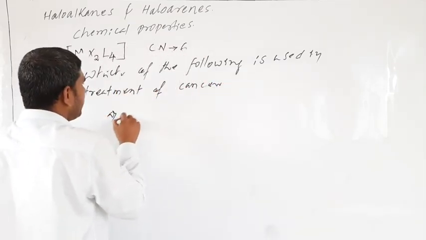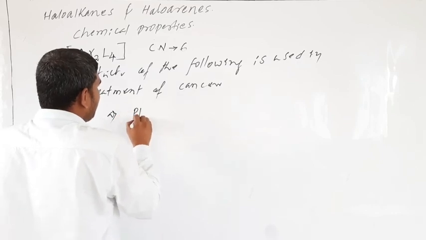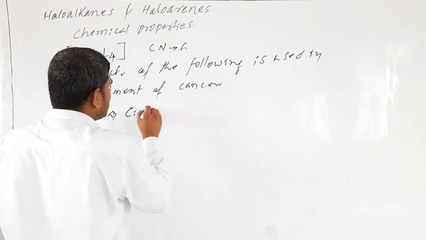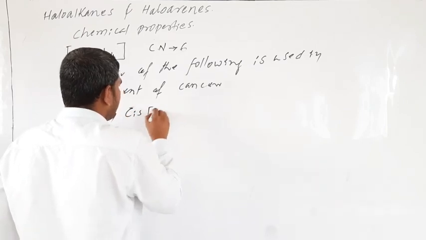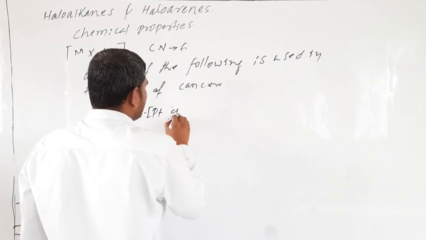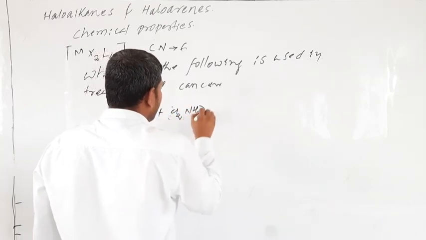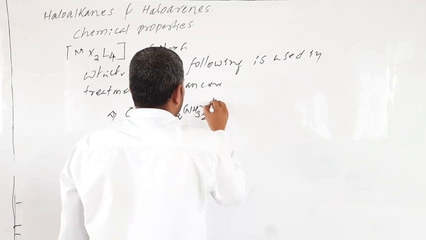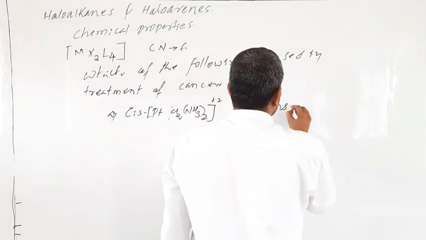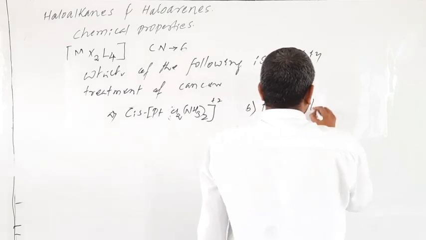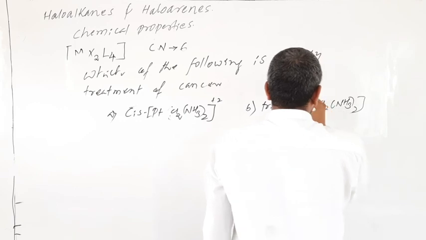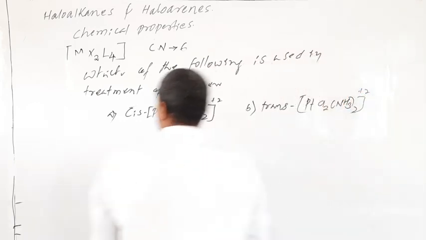Option A, cis PtCl2 NH3 twice plus 2. B, trans PtCl2 NH3 twice plus 2.